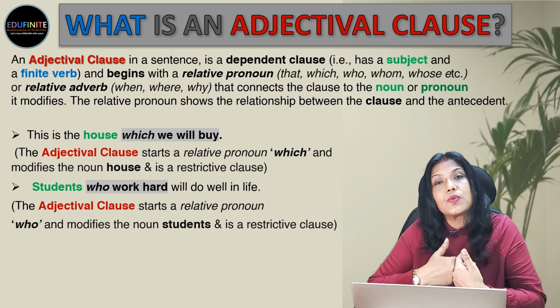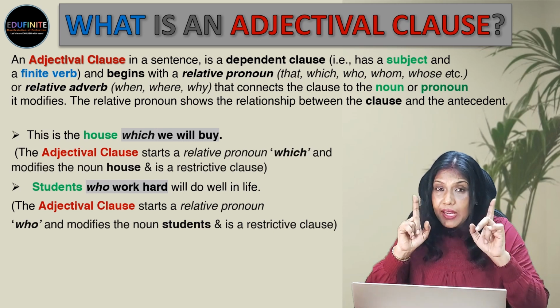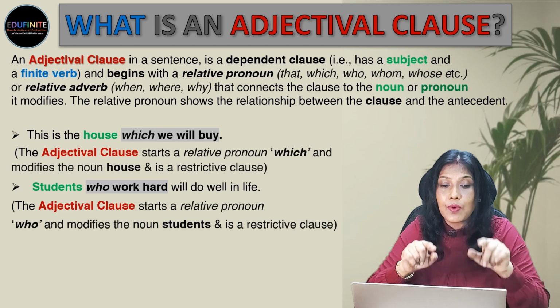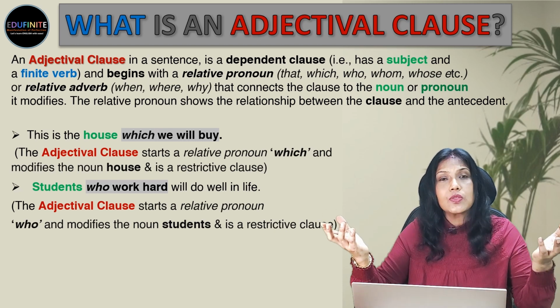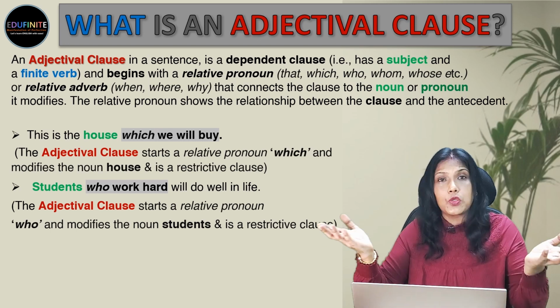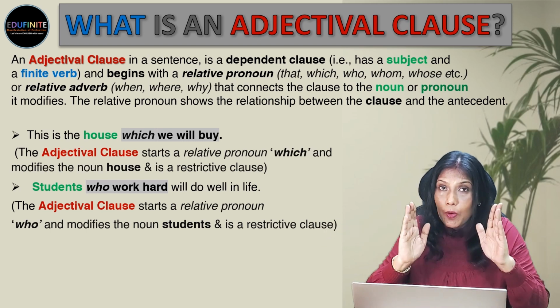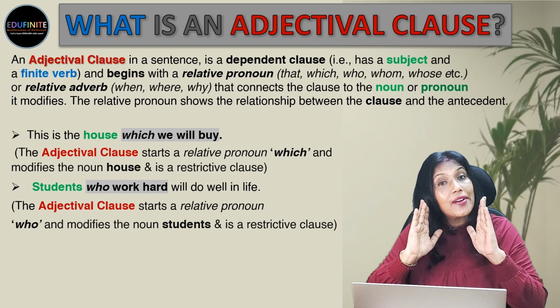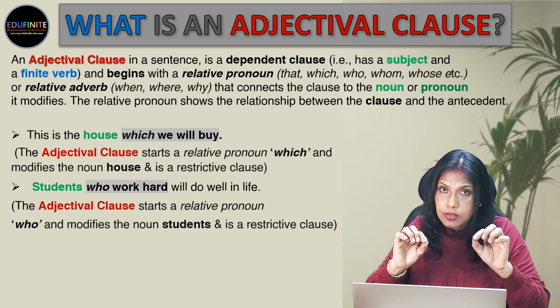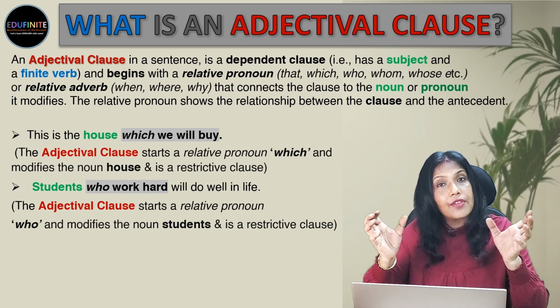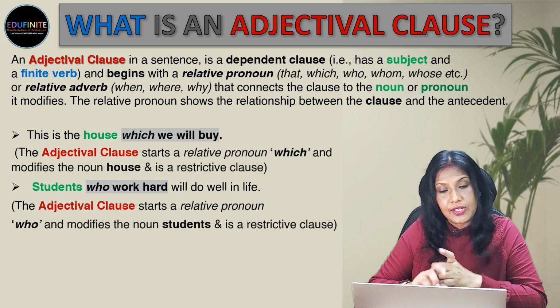Because if we say students will do well in life, we are not meaning exactly what we are trying to say with students who work hard will do well in life. That means if we say students will do well in life, we'll mean all the students, but it's not so. We are pinpointing only those students who will work hard. They will only do well in life. So we need that clause in that sentence to give the full meaning. So that's a restrictive clause.